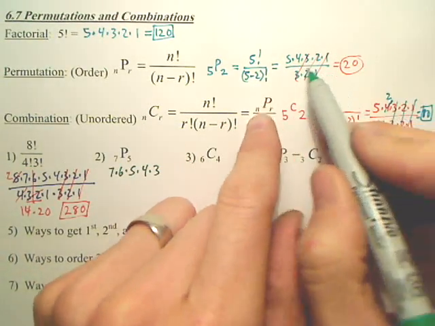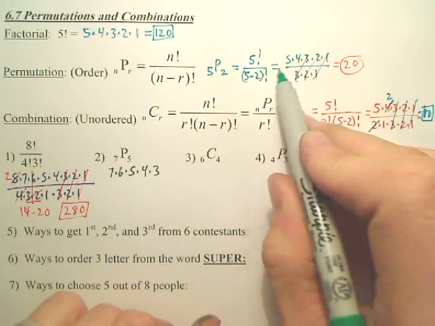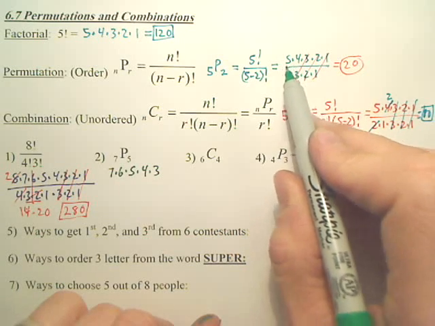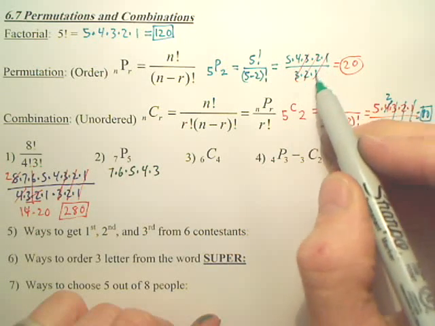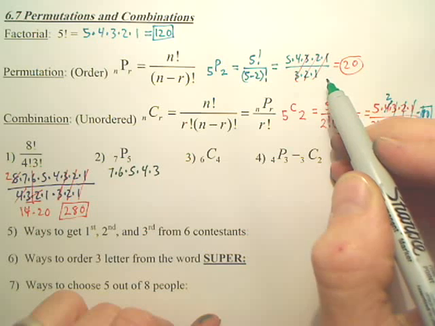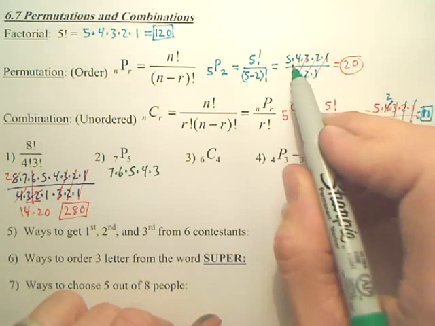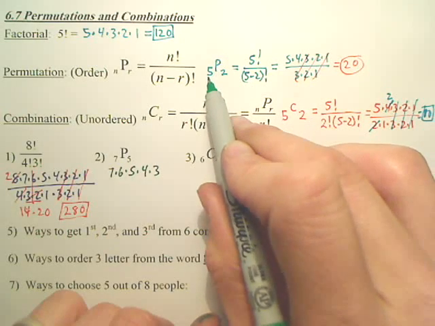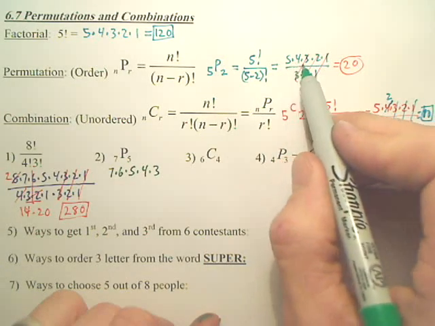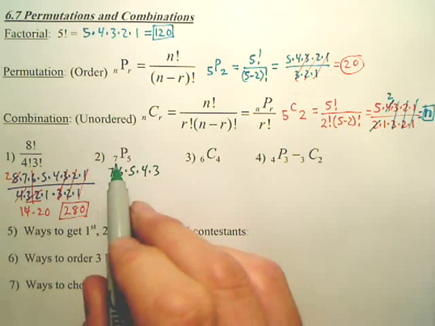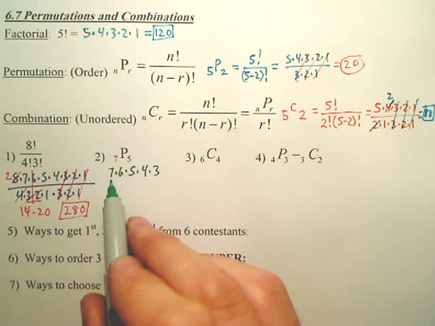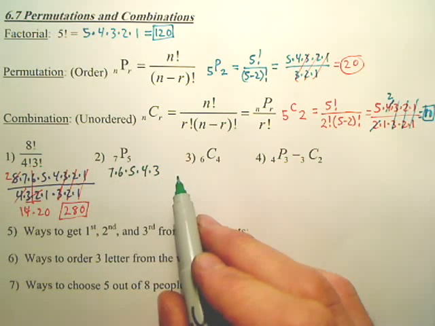Look up here. Look at 5P2. Didn't that say start with 5 but only do the first 2? Because didn't the rest of them cancel out? Isn't that a lot easier than writing this big nasty? Isn't it easier to just think 5P2 means start with 5 factorial but only do the first 2 numbers? 7P5 means start with the 7 but only do the first 5.